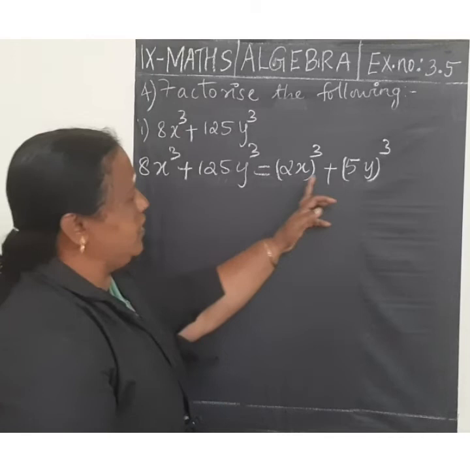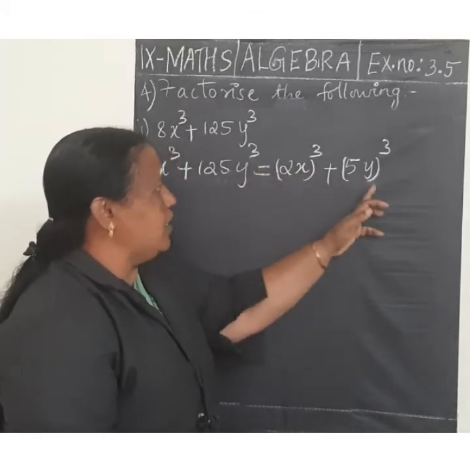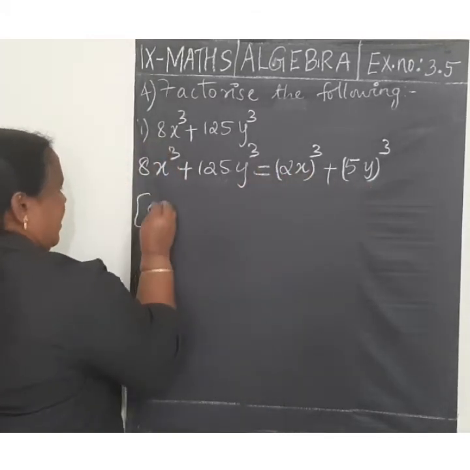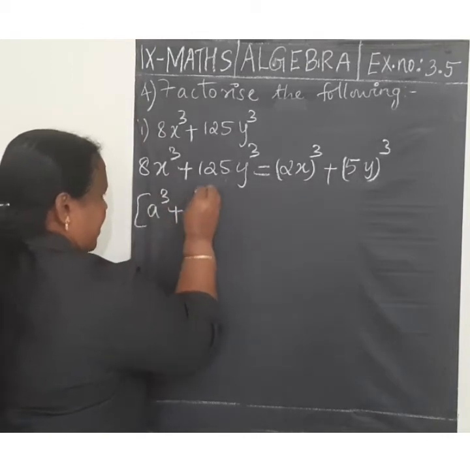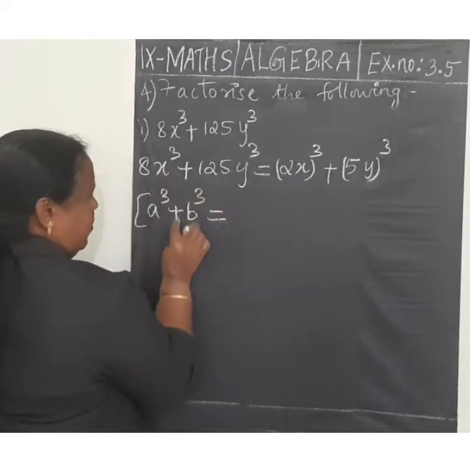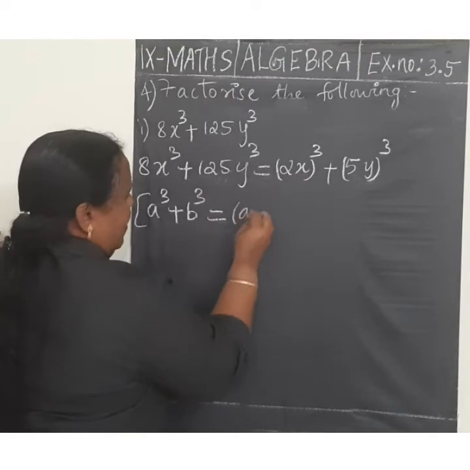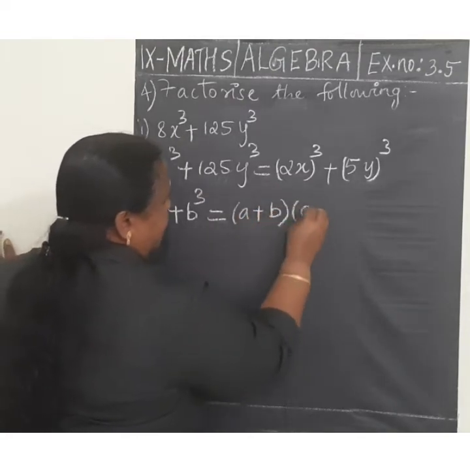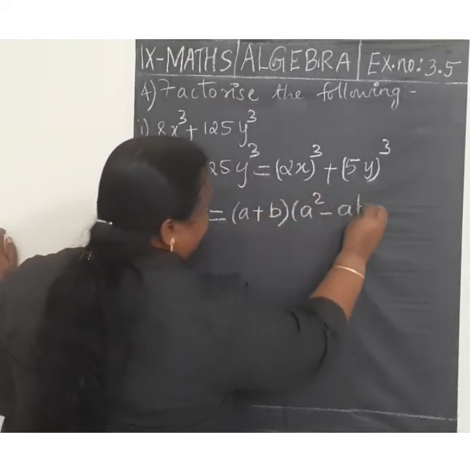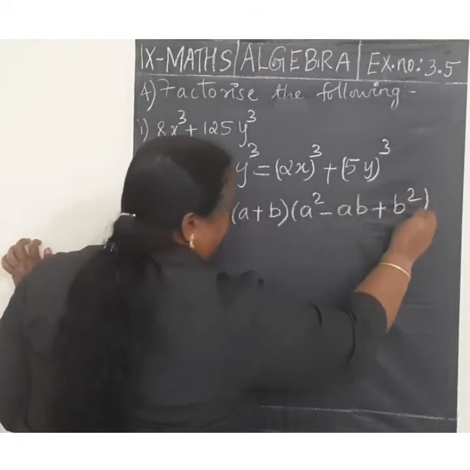So now it is in the form of a cube plus b cube. So a cube plus b cube, here we have to use an identity, a cube plus b cube is equal to a plus b into a square minus ab plus b square.